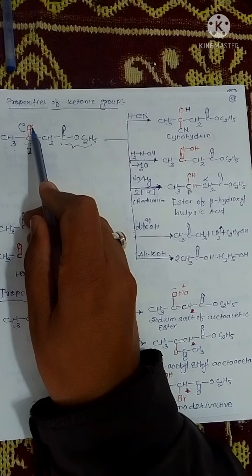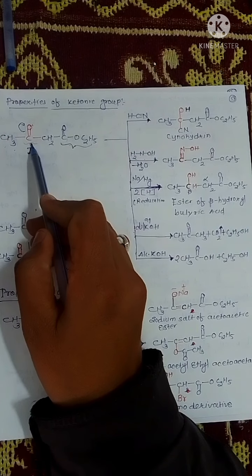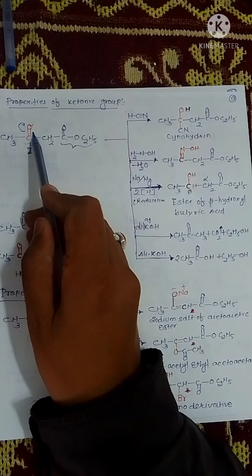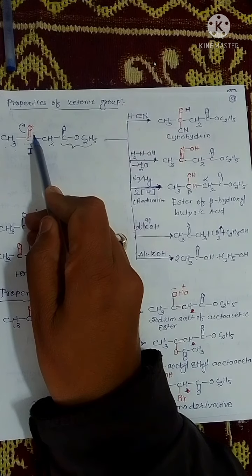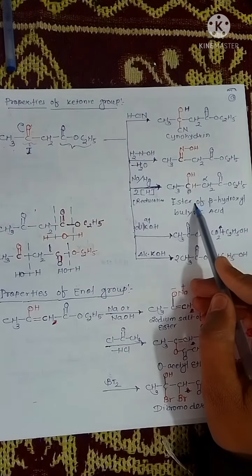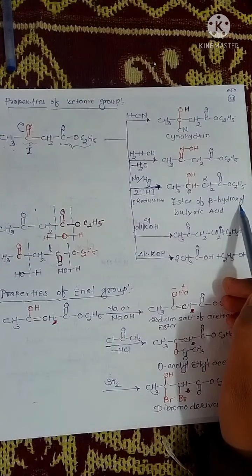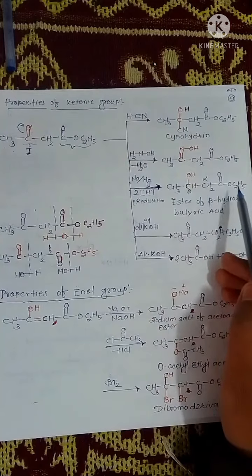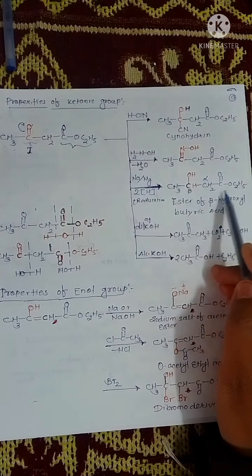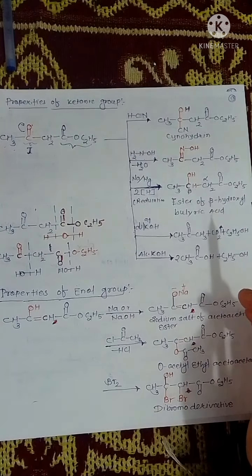One of the hydrogens goes on the oxygen, the other comes on this carbon. Basically this double bond breaks away during reduction. So we got the ester of beta hydroxyl butyric acid.